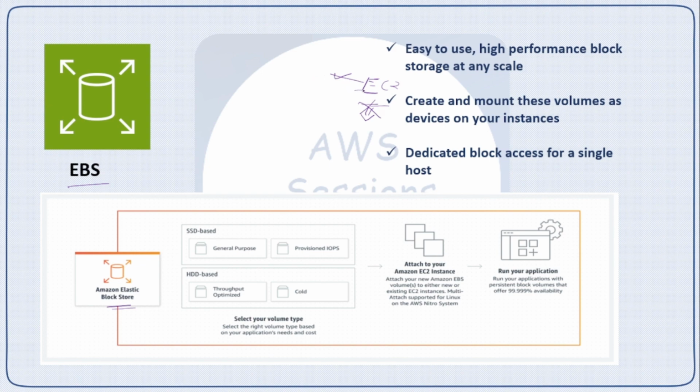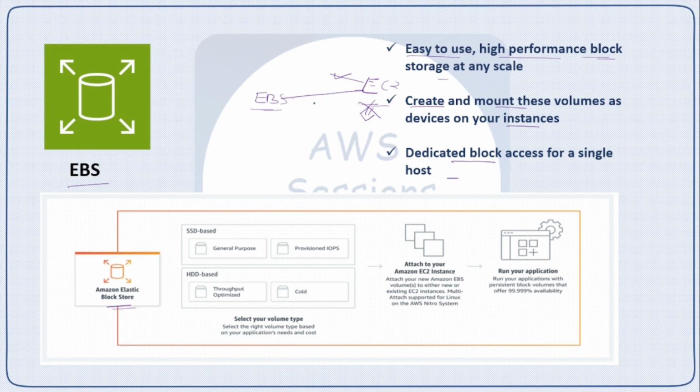So in order to have the data in a persistent manner, you need to attach some storage to it that we call EBS volumes. It is easy to use, high performance block storage. You can create and mount these volumes to your instances, and it is dedicated block access for a single host.